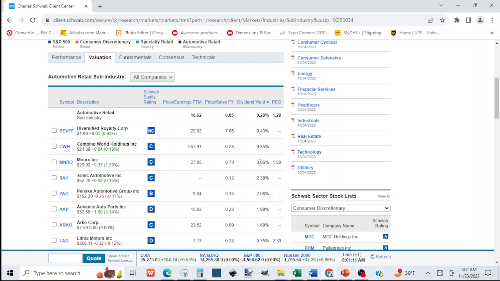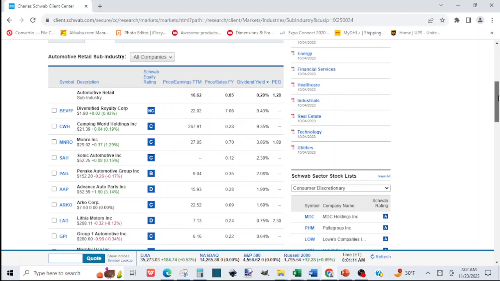And we said 3%. Therefore, we will focus on stocks up to 3% annual dividend yield. But I'm going to scroll down so that you see all the stocks within this sub-industry, automotive retail.